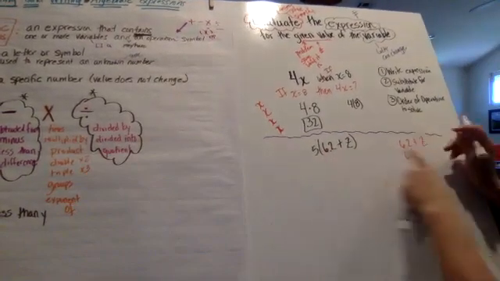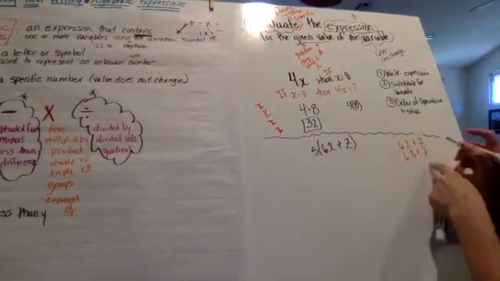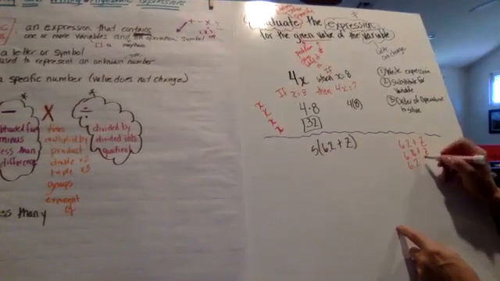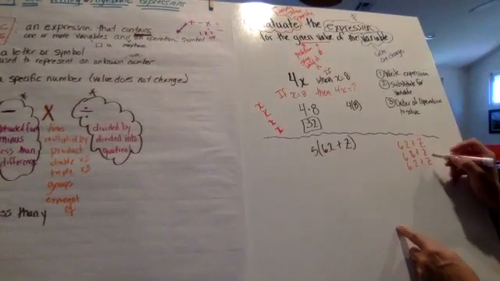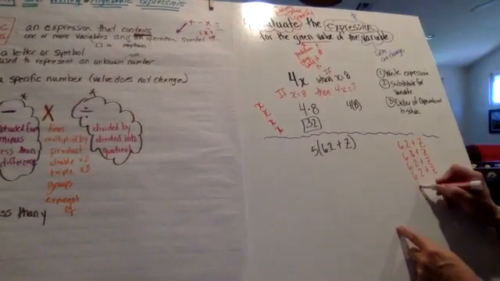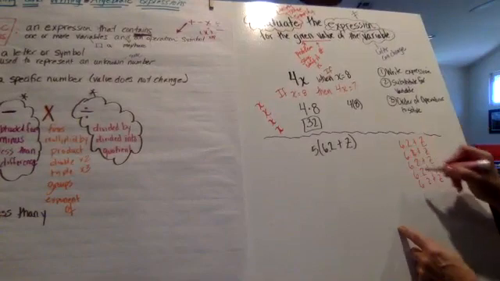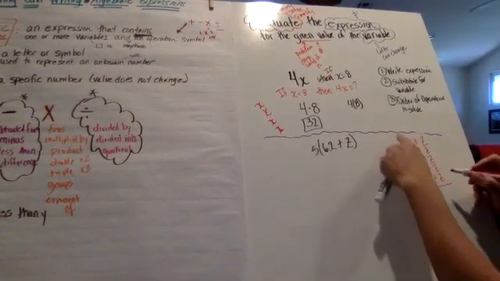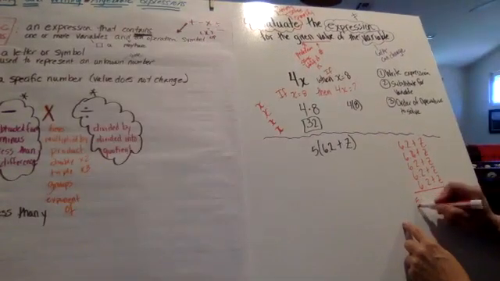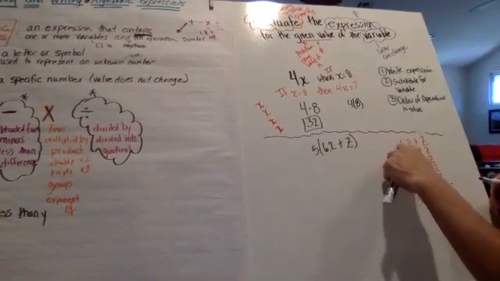I'm going to write it down 5 times, because for me right now, while I'm pondering it a little bit, writing it down keeps my head in the math game. And I just think about what that means. So really, what does that mean in the end? Well, I have 5 of those 6 and 2/10s, right? To figure that out, I would have to do 6 times 2 times 5.